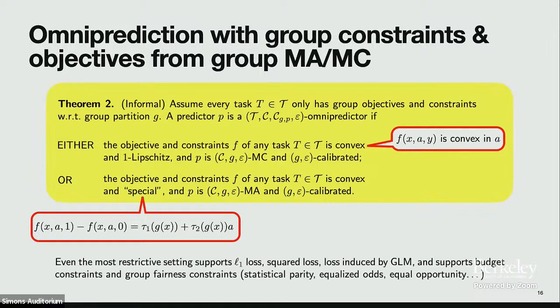And there are many other versions of this theorem in our paper. Basically our theorem subsumes previous omnipredictor results in the sense that we now have constraints and we have multiple groups. Some versions make more assumptions, some make fewer assumptions. And I'll just say that even the most restrictive setting supports many of the interesting loss functions and constraints that we like to think about.